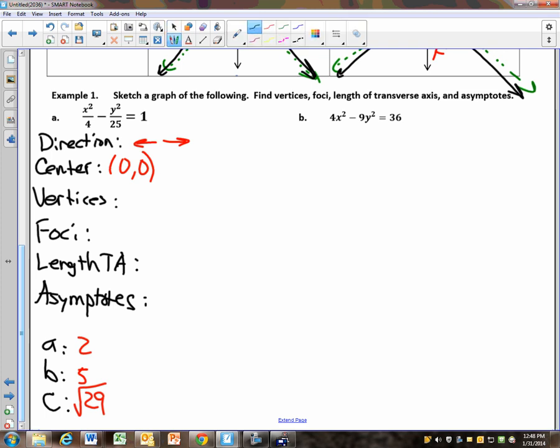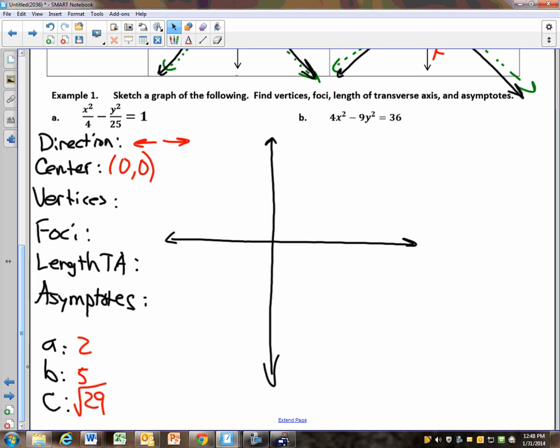I got to draw my graph. There we go. Got a graph. Vertices.